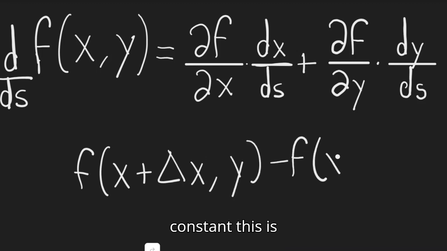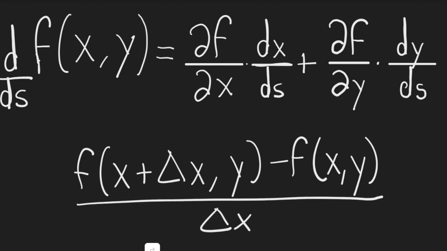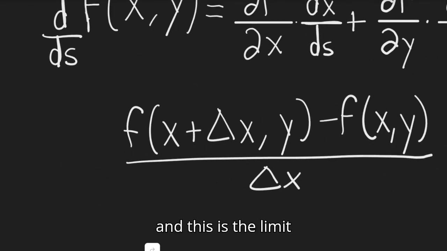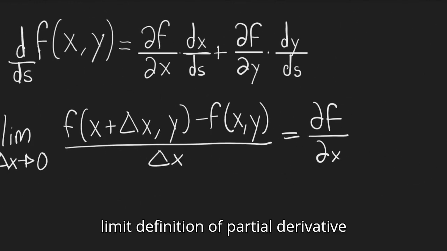It looks like this: partial f partial x is the limit as delta x goes to 0, and this is the limit definition of the partial derivative.